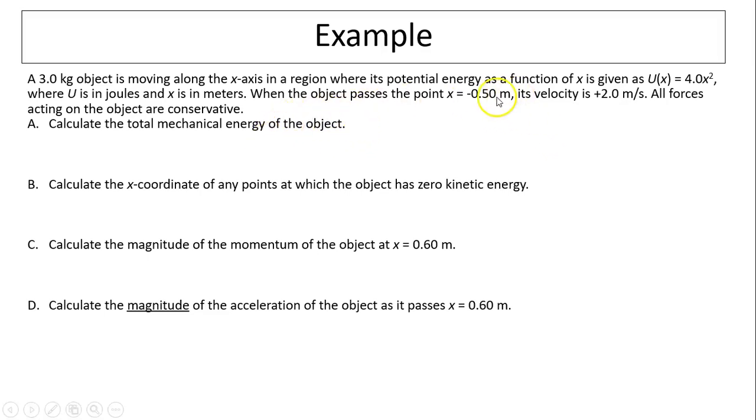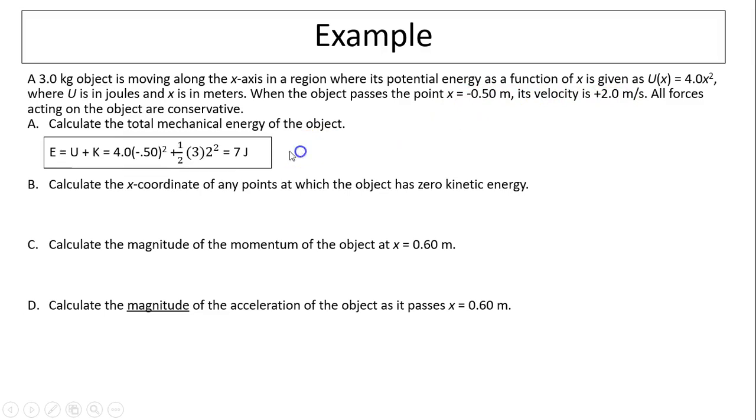So let's see, what is the potential? The potential function is given to you, and we know at that point the velocity is that. So we simply substitute x equals negative 0.5 for x, and velocity 2 into 1/2 mv squared. So that gives us 7 joules.